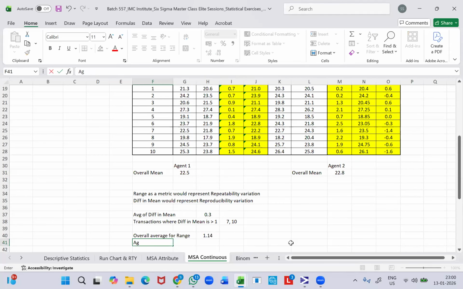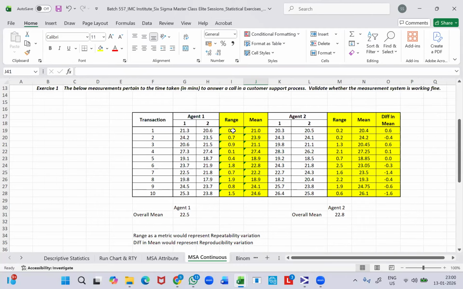So here the first transaction is fine, second is fine, third is fine, fourth is fine, fifth is also fine, sixth transaction 1.8 is the range.